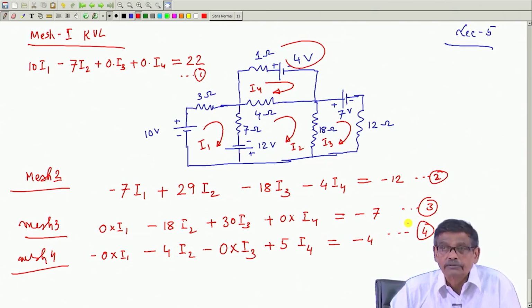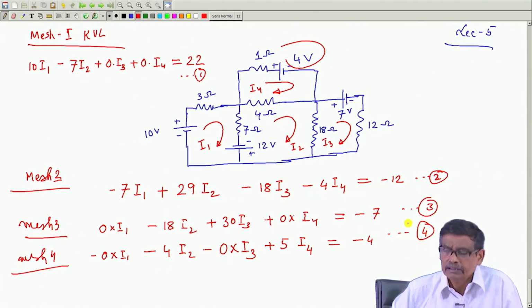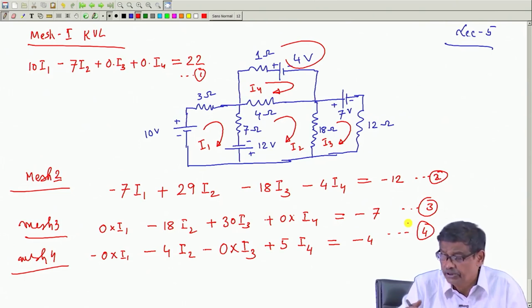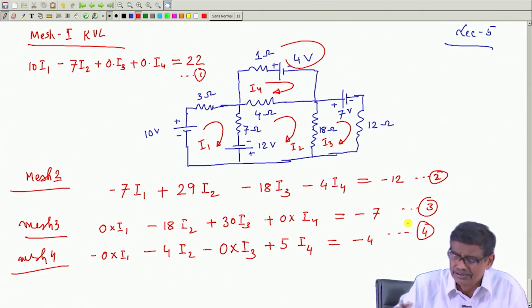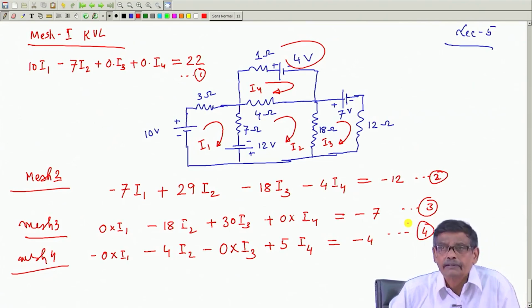involving the 4 unknowns, and these 4 equations can be solved. I am not discussing how to solve these equations. Okay, algebraic equations, 4 unknowns, Cramer's rule, this that you apply, or go on reducing the number of variables, this that you do, you get this.